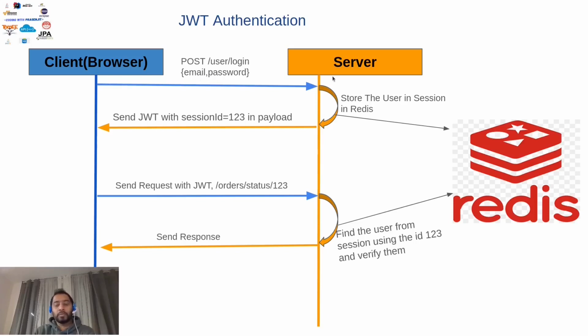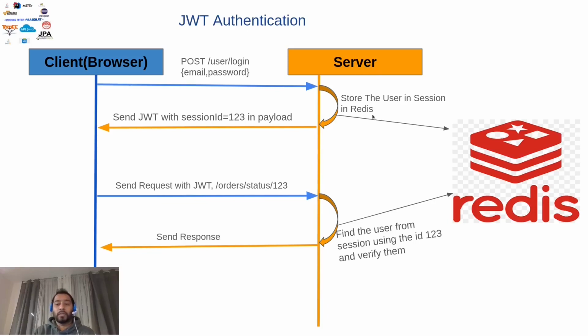So the user information, that is email and password, is sent to the server. Now the server will validate the user, create the session, and put the session in Redis. So now we are introducing another component, that is Redis. Now the server is not keeping the session in its own memory.